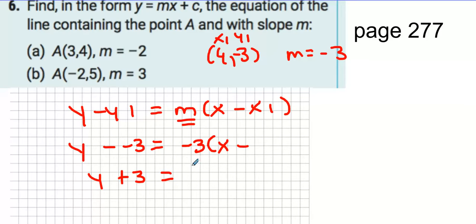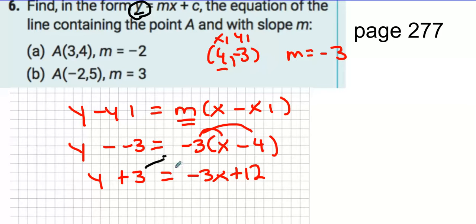Now, what's x1? x1 is 4, isn't it? Multiply it out, what happens? -3x plus 12. Now, see the way it wants the y on its own?